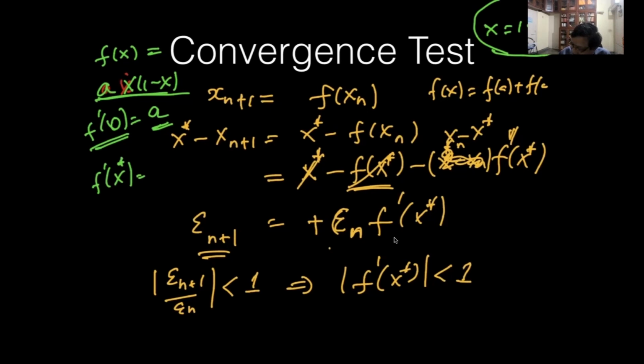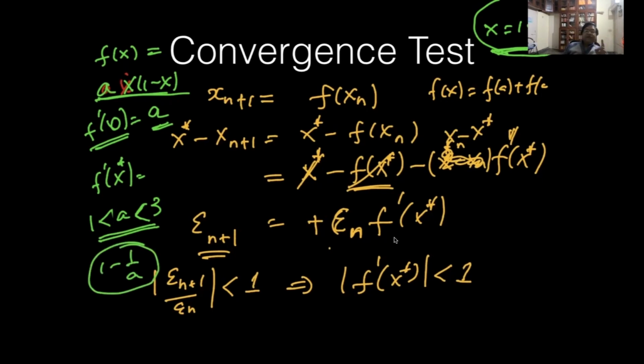For a between 1 and 3, this fixed point is stable. The slope will be less than 1. You can just work it out. For a less than 3 and greater than 1, 1 minus 1 by a is a stable fixed point.